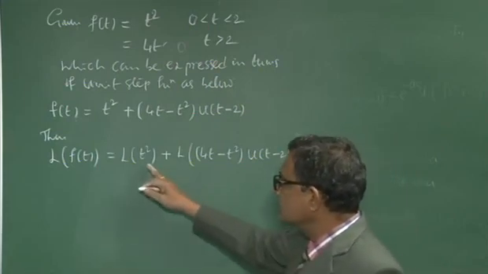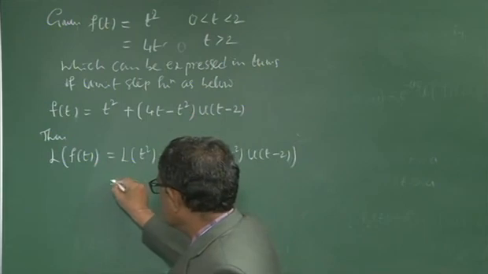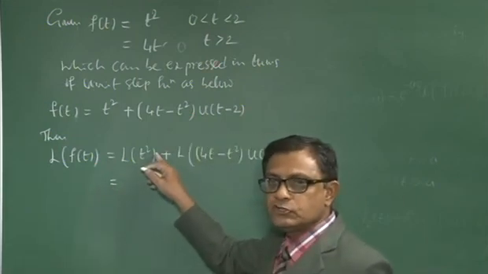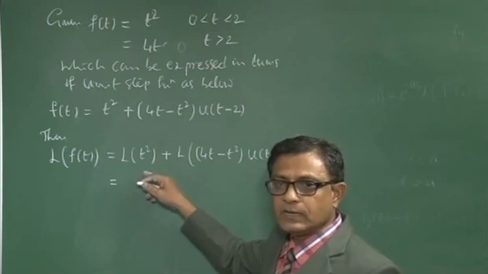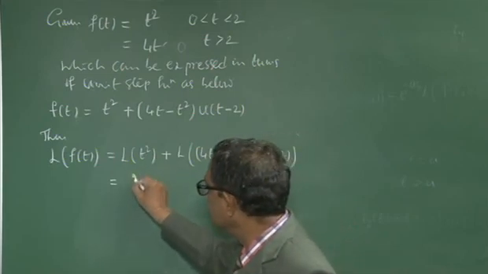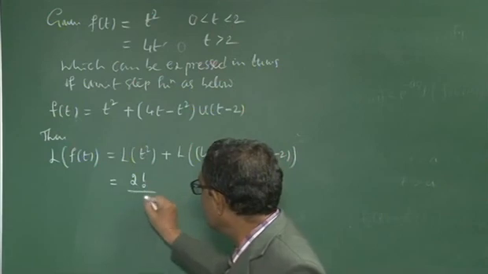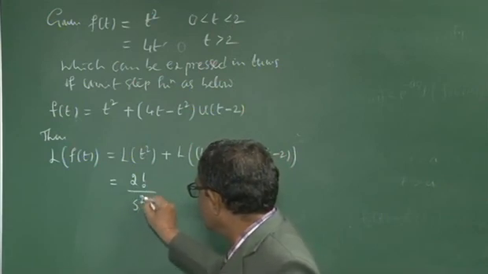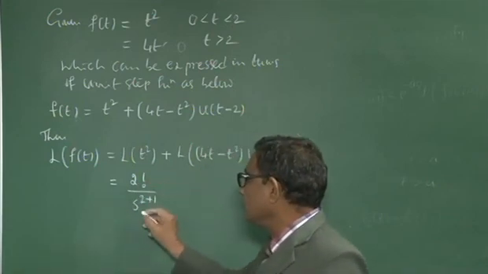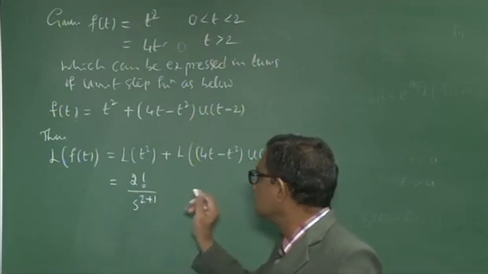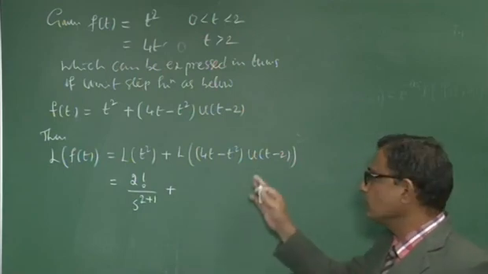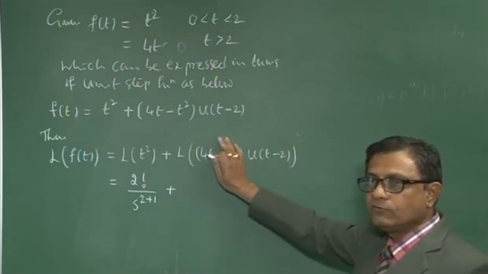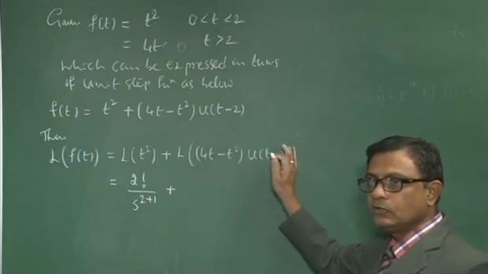Now we know this basic standard formula. L of t raised to n is n factorial divided by s raised to n plus 1. You must remember the formula. It is 2 factorial by s raised to 2 plus 1, plus, how to find the Laplace transform where the function f of t is multiplied by the unit step function?